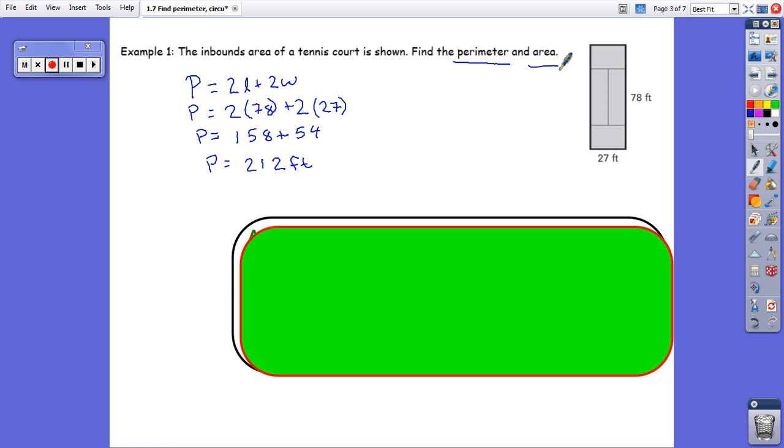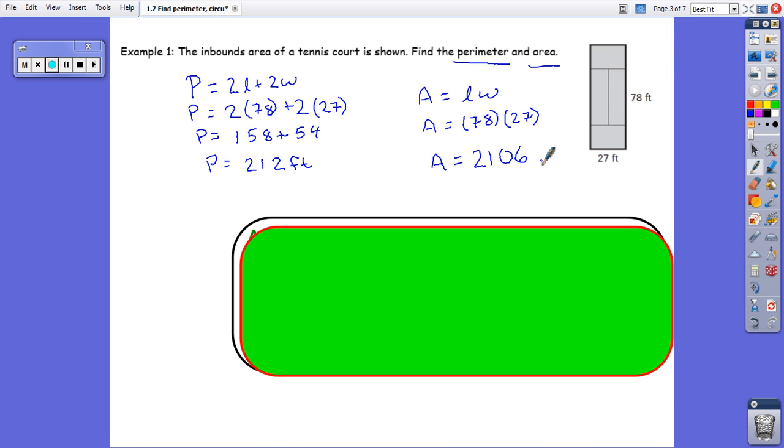Now we're going to find the area. Again, this is a rectangle, so area equals length times width. So area is, length again is 78, times the width, 27. And when we multiply those two numbers together, we get 2,106.